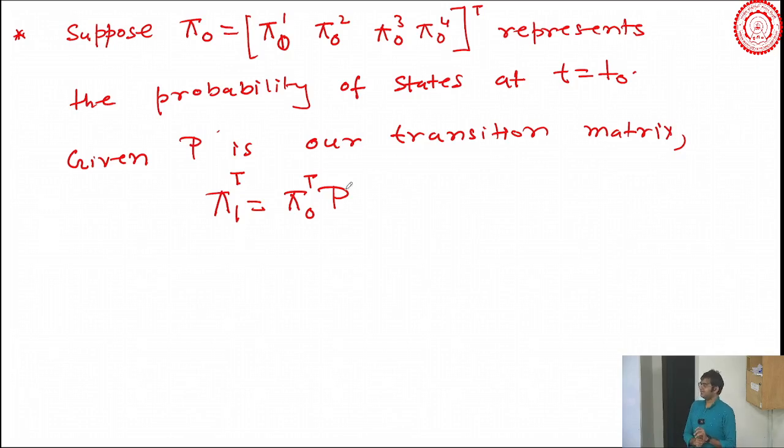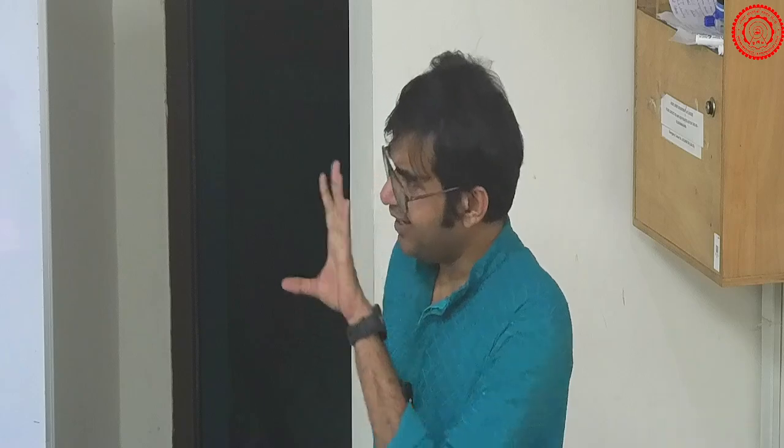But what I'm saying is that with this transition matrix, if you know the initial probability of the states, you can use this to find out the probability of the states at the next time step, right? So let us take one example within this setup and see if it is making sense or not.